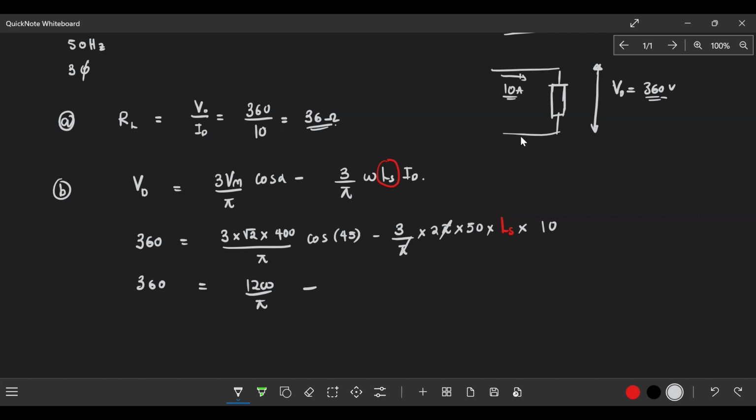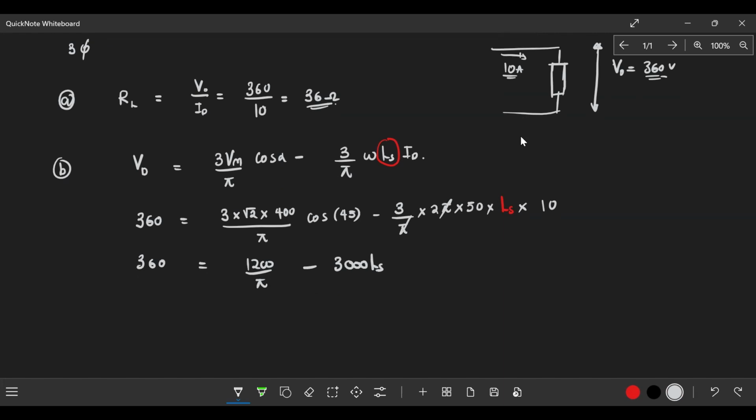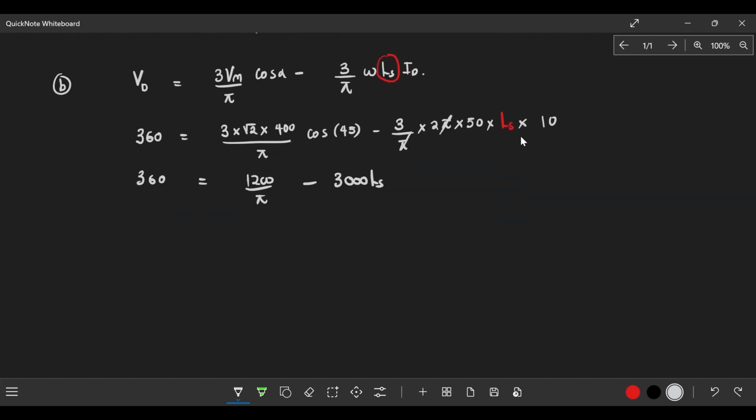So this is 3,000 LS. Now I'm going to move 3,000 LS to the left hand side, and then I'll move 360 to the right hand side.